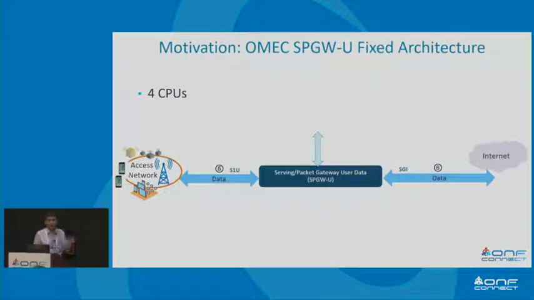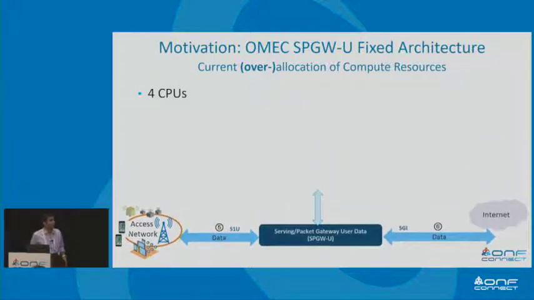Now in the following slides, we're going to do a deep dive on the OMEC user plane SP gateway, and discuss why the current architecture is kind of fixed, and what we're trying to achieve in this talk is whether we can make this more flexible. One motivating example is that if you look at the source code of SP Gateway user plane, we quickly realize that we need 4 CPUs to run it.